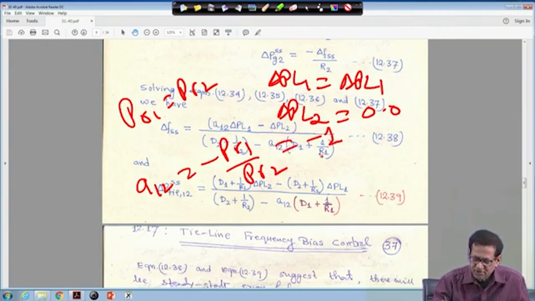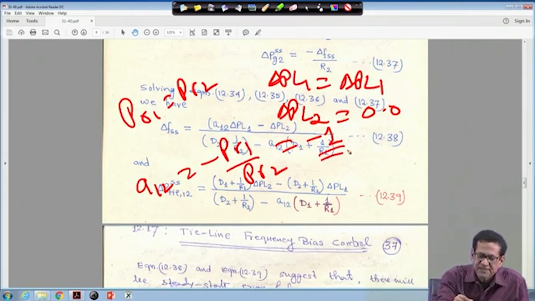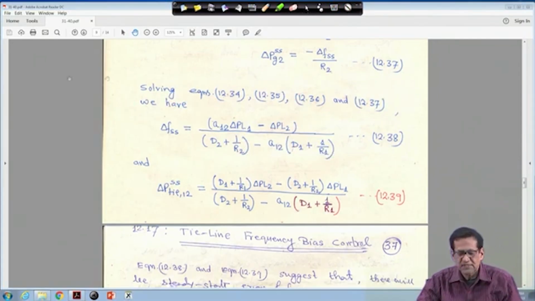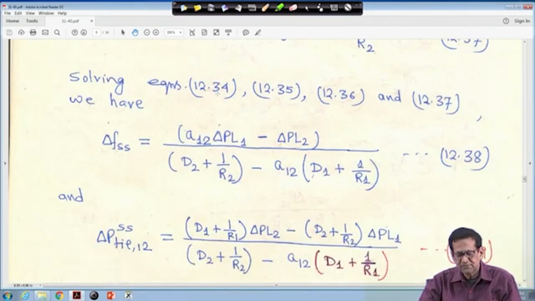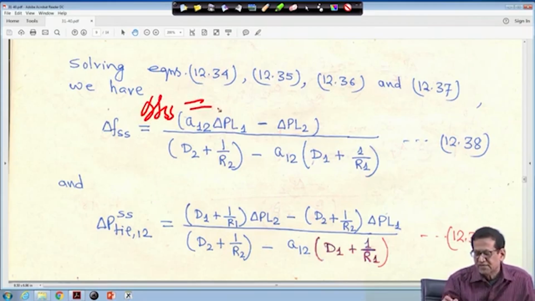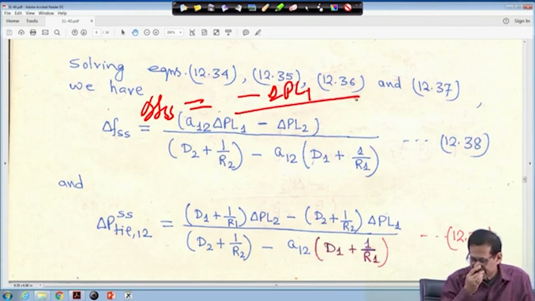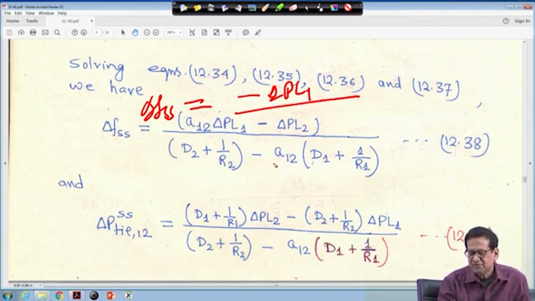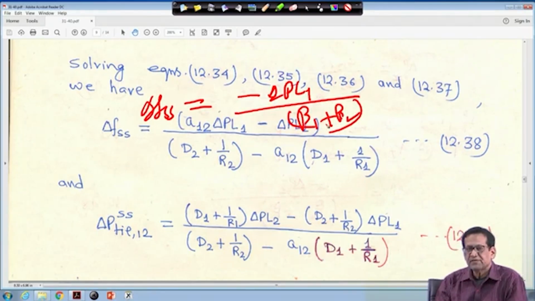So, for this condition, if A12 is minus 1 and delta PL1 is there, but delta PL2 is 0, then delta FSS will be, with delta PL2 equal to 0 and A12 equal to minus 1, minus delta PL1 divided by beta 1 plus beta 2.